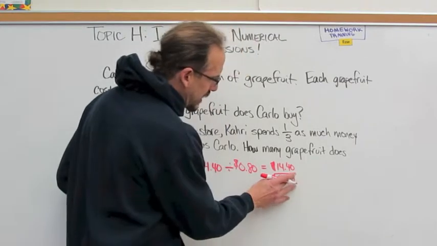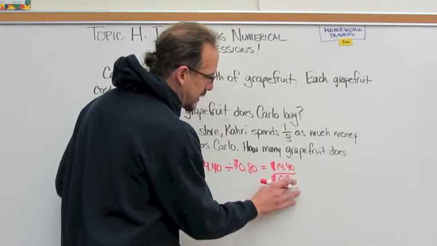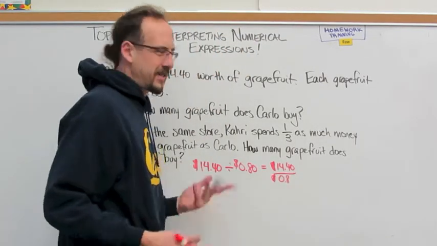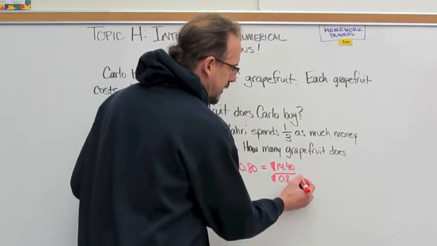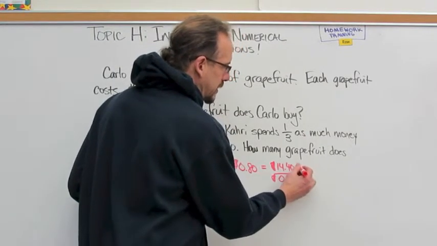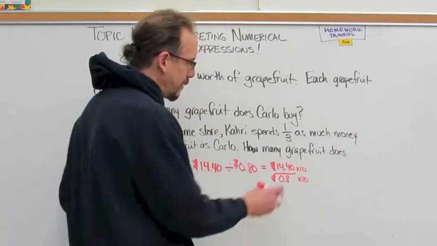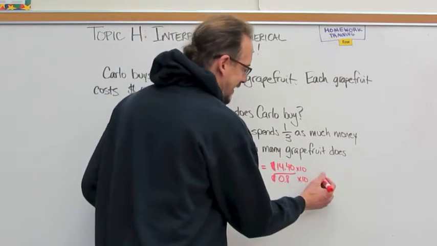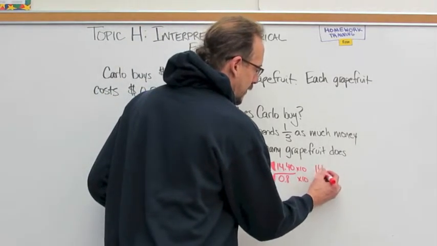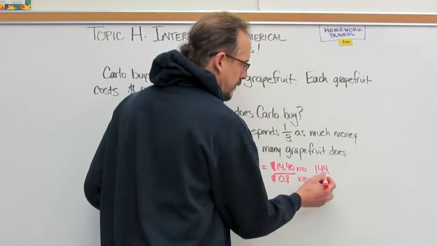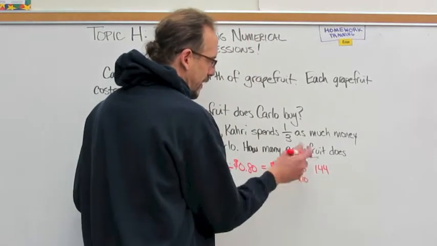And in this case, I'm going to multiply by 10 because I don't want that 0 and I don't want to divide by 80. Multiply by 10, I'm sorry. I'm going to multiply by 10. And that's going to give me 144.0, but I'm going to forget that 0 too.